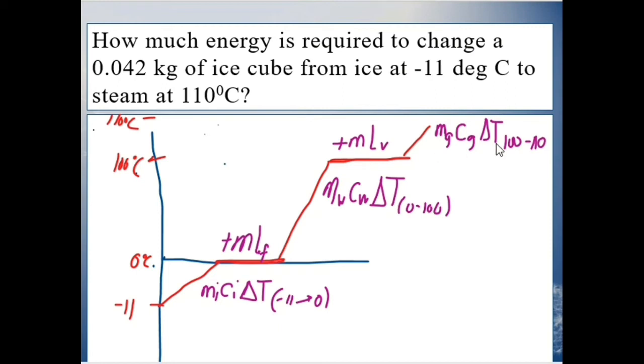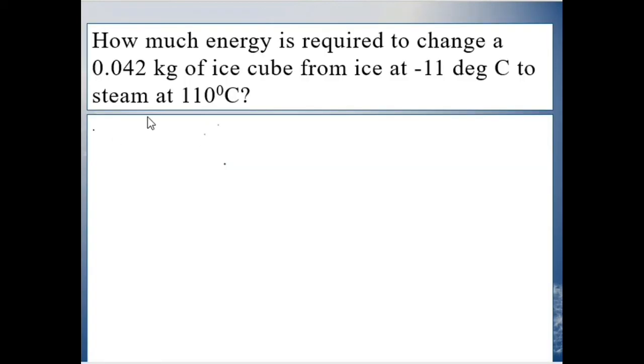So let's write down the whole equation. We have Q equals mass of the ice, C of the ice, delta T, from -11 to 0, and then plus MLF, that's mass of the ice times latent heat of fusion. Then next is plus mass of the water, because it has already melted, C of the water, and then delta T, that delta T is from 0 to 100.